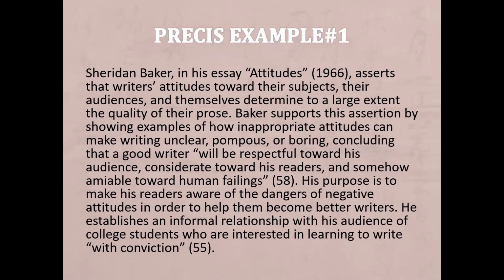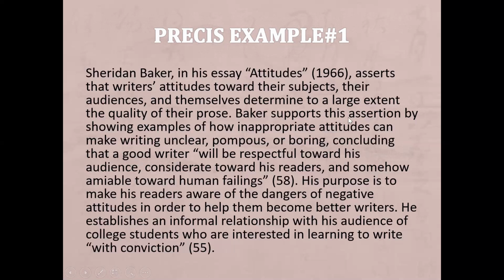Here is an example. Sheridan Baker, in his essay Attitudes, 1966, asserts that writers' attitudes toward their subjects, their audiences, and themselves determine to a large extent the quality of their prose.